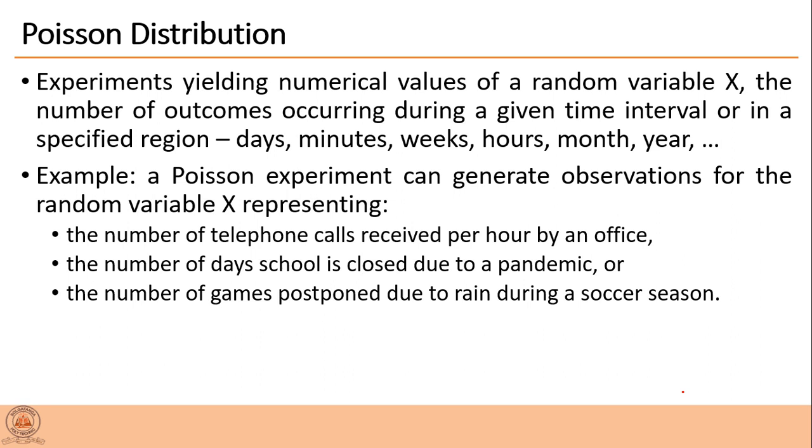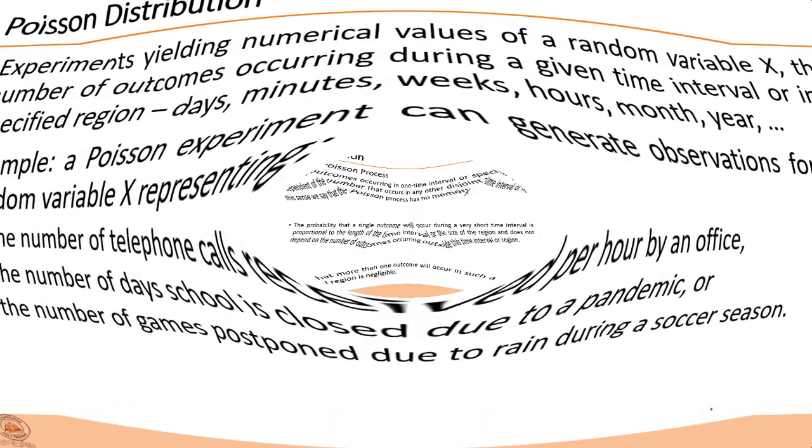The next one is the number of games postponed due to rain during a soccer season. We know in this part of our country, our stadia are open top. So if it is raining, we will have to postpone because we cannot play in the rain. So how many of such games are postponed due to the rain? So these examples generate Poisson data.